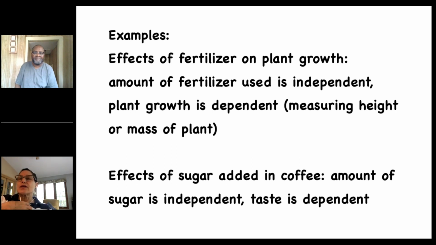So we control the independent variable, and the plant growth is just what results. And another example of independent and dependent: the effects of sugar added in coffee. The amount of sugar is what we're changing, and then it's going to change the taste, right? So independent is the amount of sugar, and taste is the dependent variable. Okay.